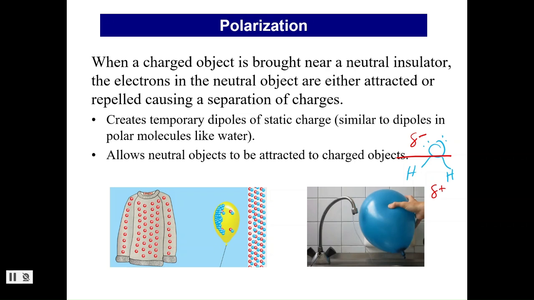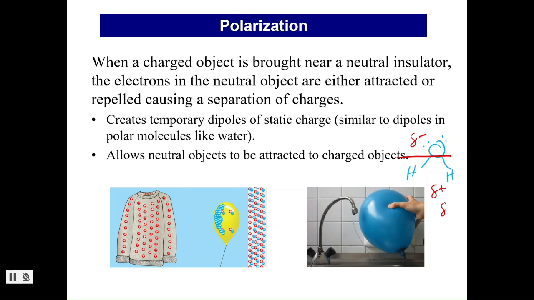And that's why water is polarized. It's a dipole, because its molecular structure means that it is already polarized. That symbol, if you haven't seen it before, is the Greek letter lowercase delta. It means partial.